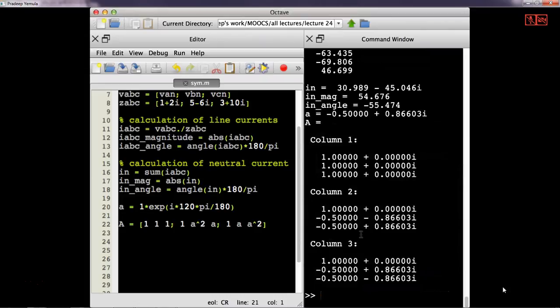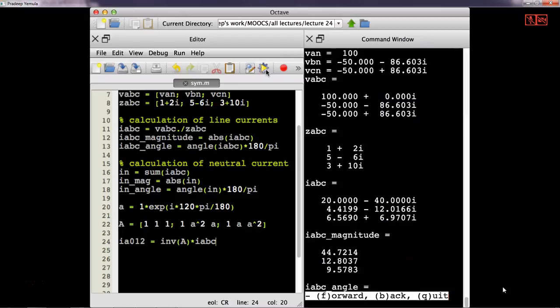Now I can simply find IA012 equal to the inverse of A multiplied by IABC. If I simply do this, then I'll get the sequence components of the currents. Very simple calculation.